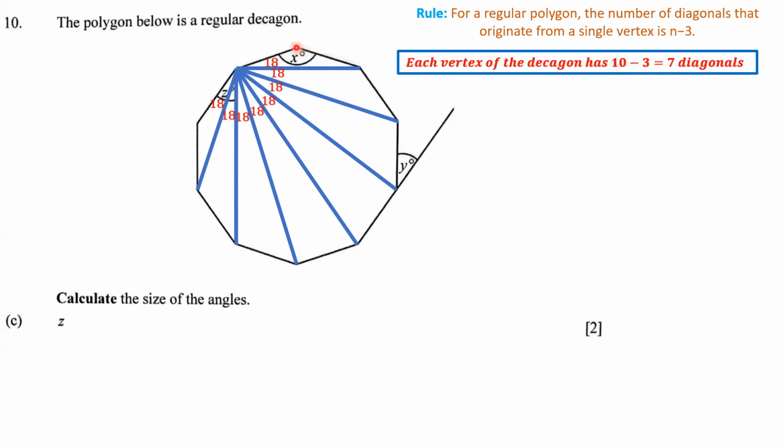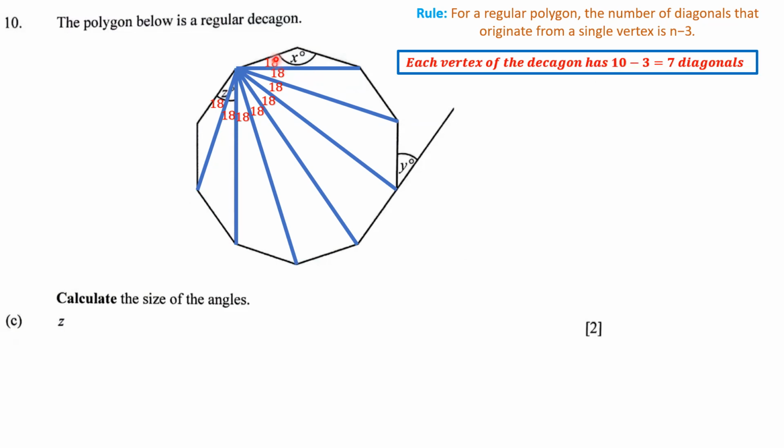So each of these vertices is going to have 7 diagonals that could come from it. Now, I only drew the 7 diagonals for this one, because that's our point of interest. If you look carefully, this is 1, this is 2, this is 3, this is 4, this is 5, this is 6, this is 7. So we have 7 diagonals. Only 7 diagonals can work for a regular decagon.